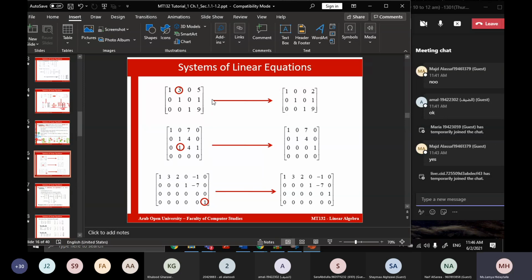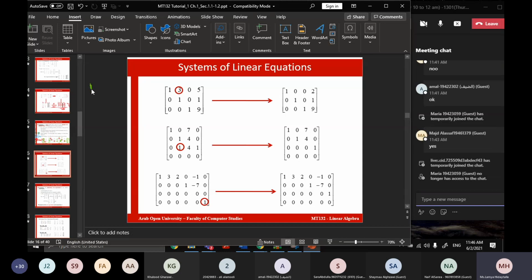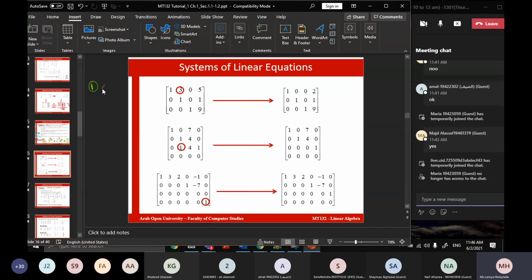As we did before when we solved the linear system using the method of elimination, we can do 3 operations only. You are not allowed to do anything except 3 operations. The first one: I can multiply a row by a constant.